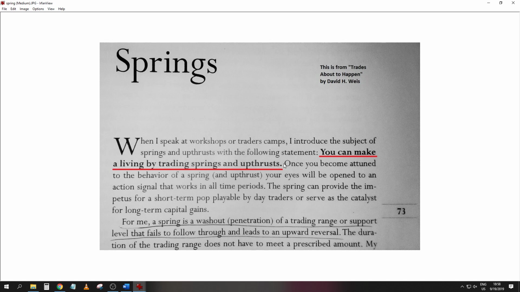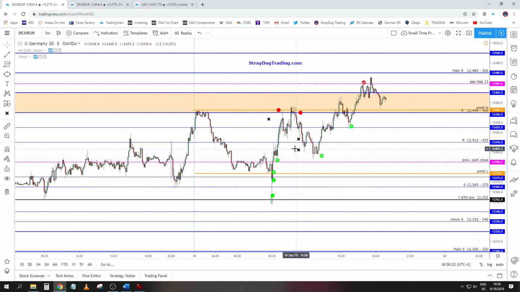He said here you can make a living by trading springs and upthrusts, basically false breaks. These are very common setups, very high odds setups. This is a very good book, and today again and again we got these false break setups, and this is not the last time that we are going to get them.